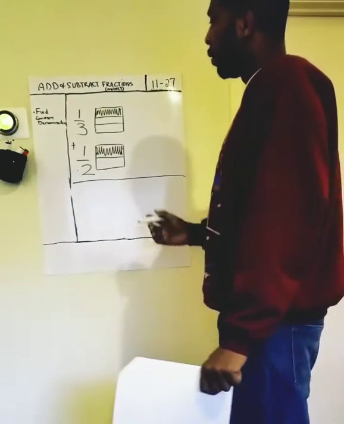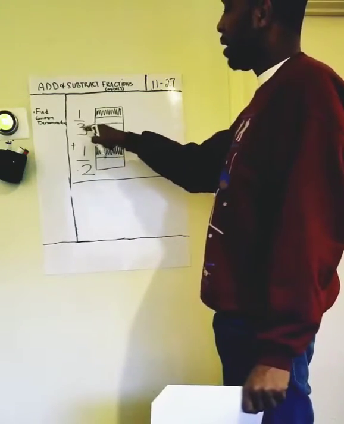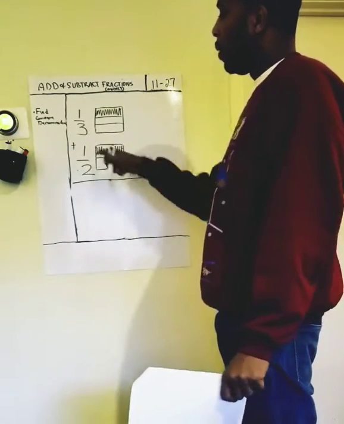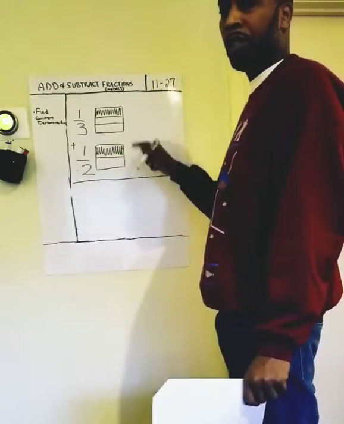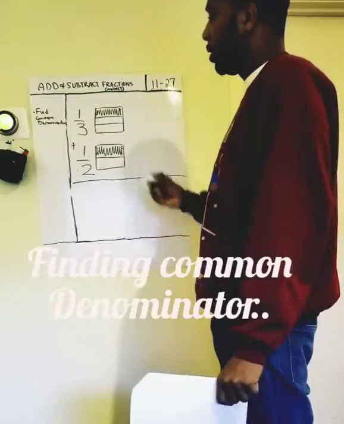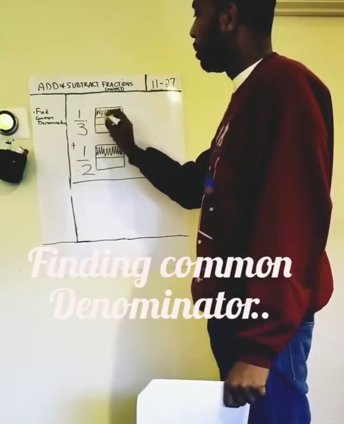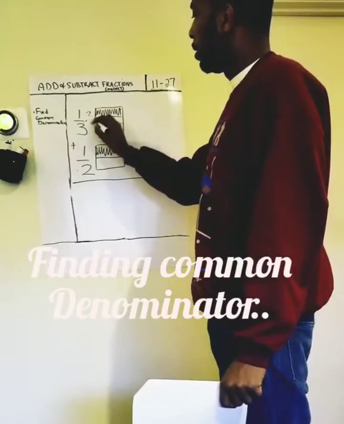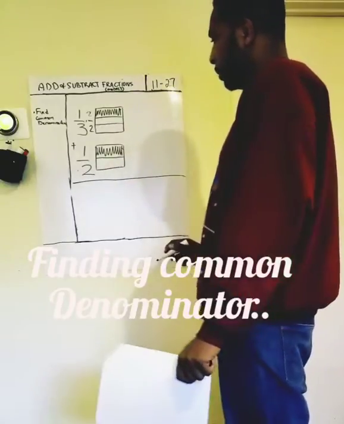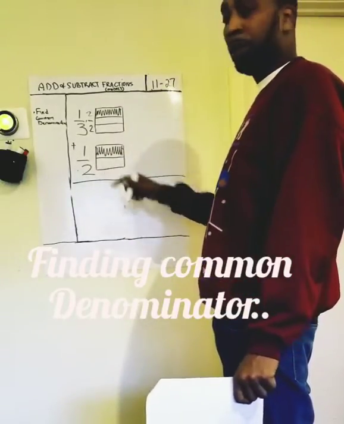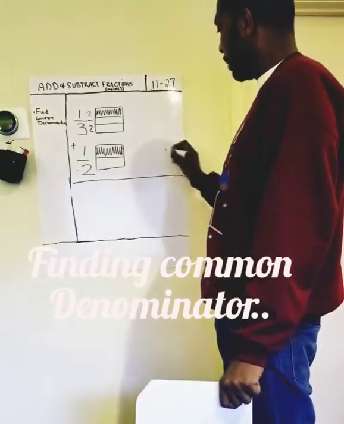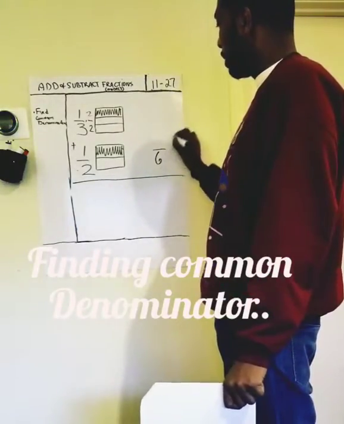Now in order to get 6 here, what times 3 equals 6? I say 2, okay? So you're going to multiply by 2 over 2. What times 2 gives you 6? Okay, let's just go 6 over here. 6 is going to be our common denominator.